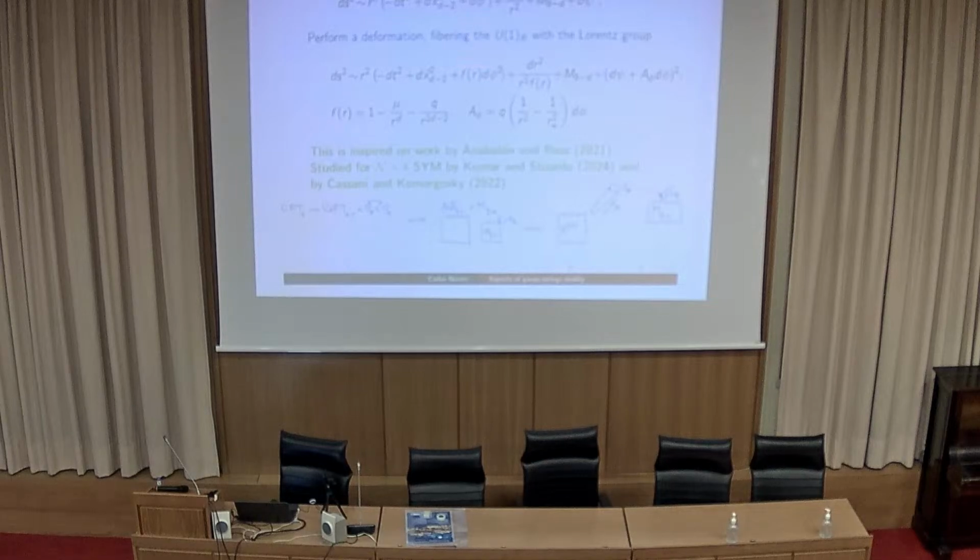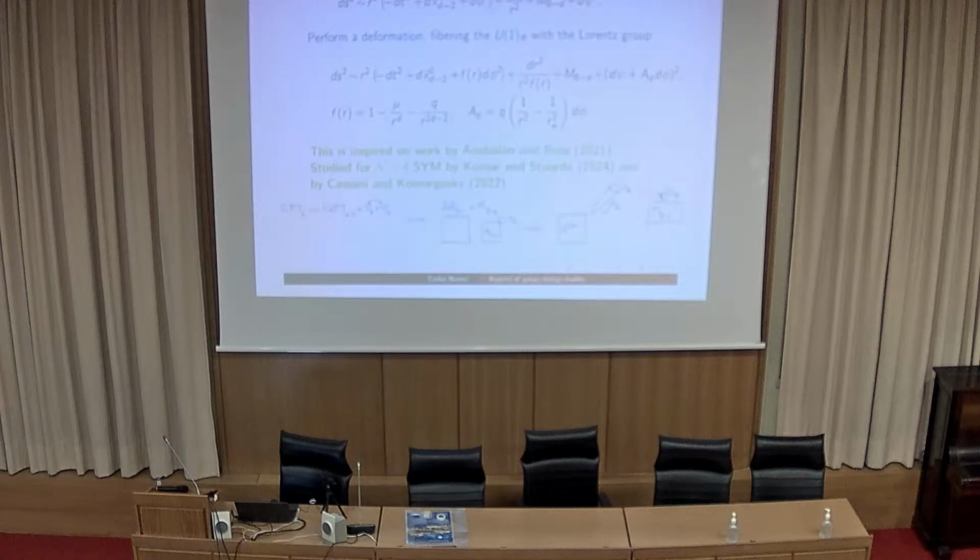Take a circle in the directions of the field theory and put some function of the radial coordinate that you also have to put here, making these two directions a cigar-like direction. So these functions are known. And also at the same time, fiber mix this U1 of the internal space with that direction. This is this twisting I was referring to before.